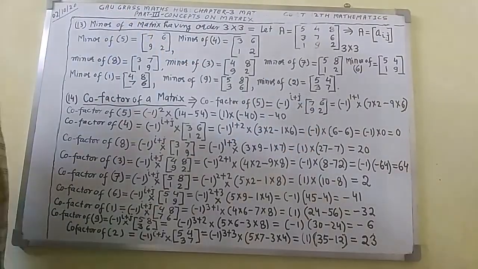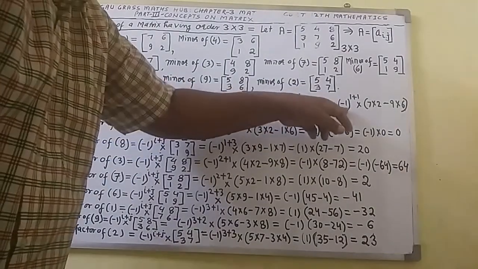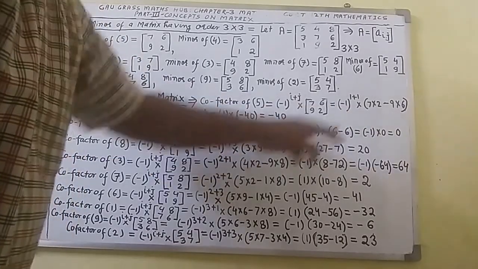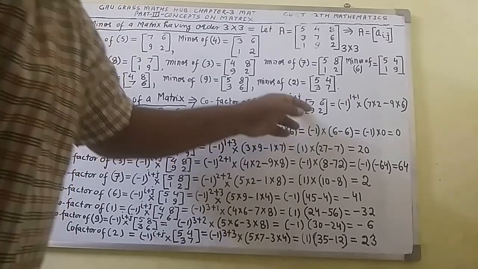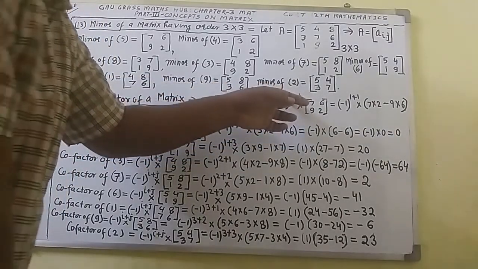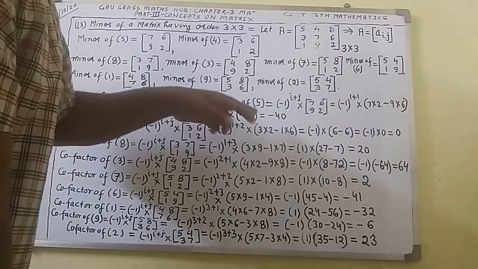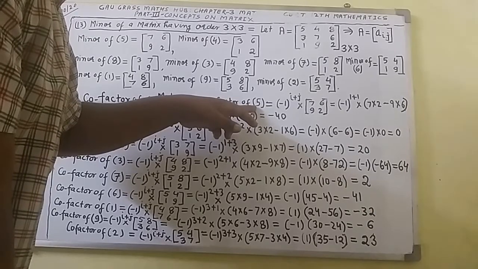Equal to minus 1 as a constant, raised to the power of i, whose value will be taken from the row position of element 5.